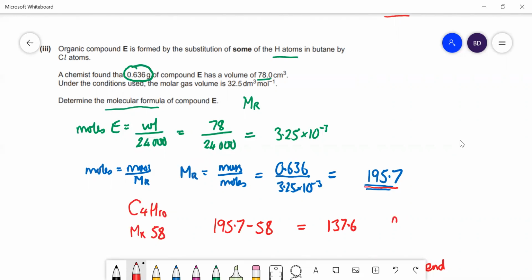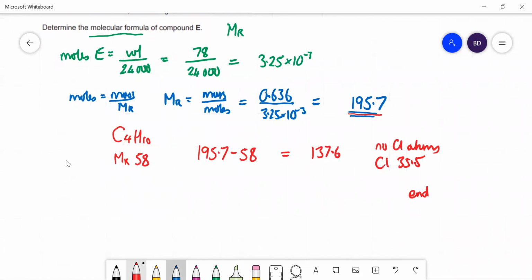So how many chlorine atoms then? Well, chlorine has got an atomic mass of 35.5. So 137.6 divided by 35.5 is equal to 3.87. Okay, 3.87 chlorine atoms.